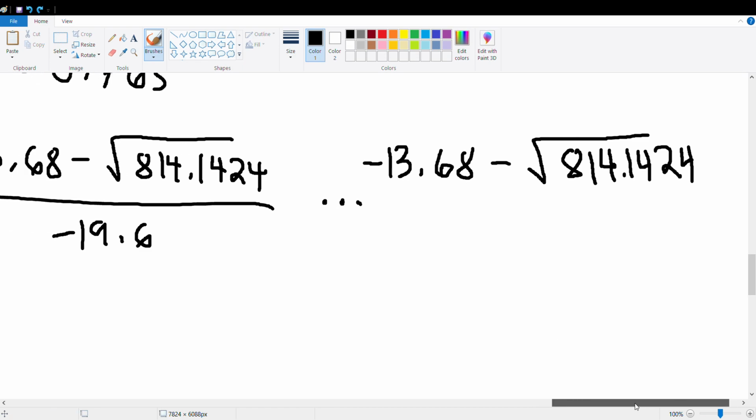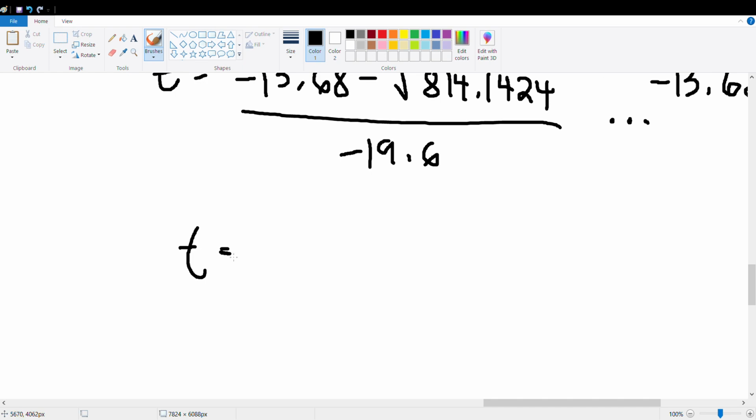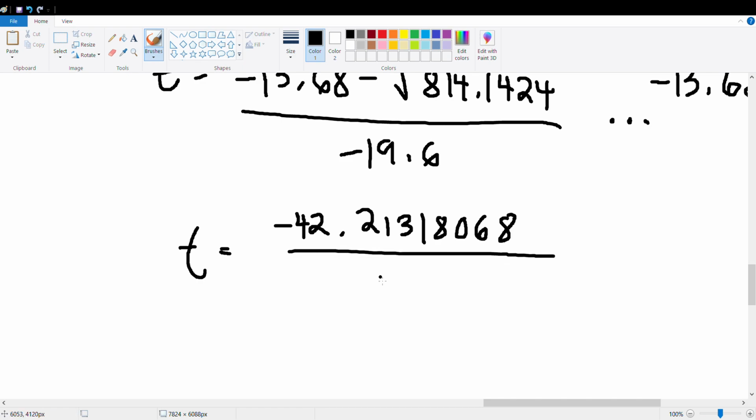So negative 42.21318.068 divided by negative 19.6.